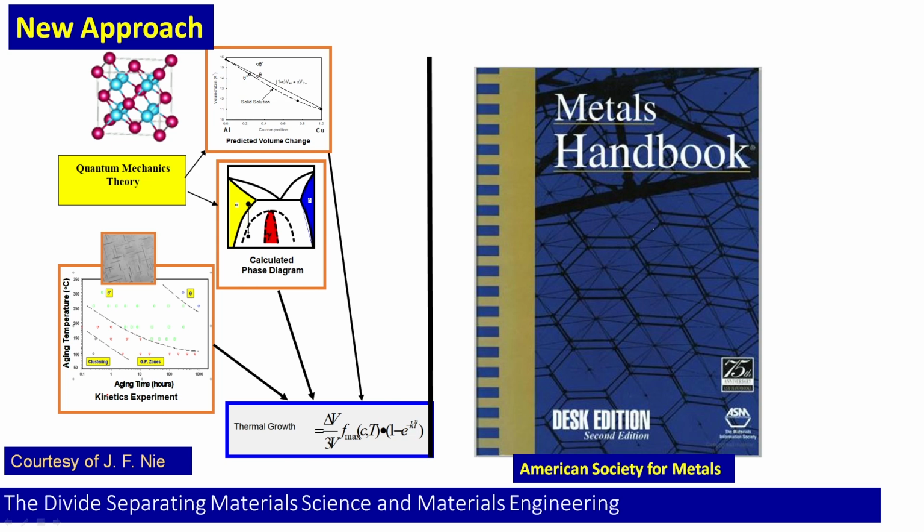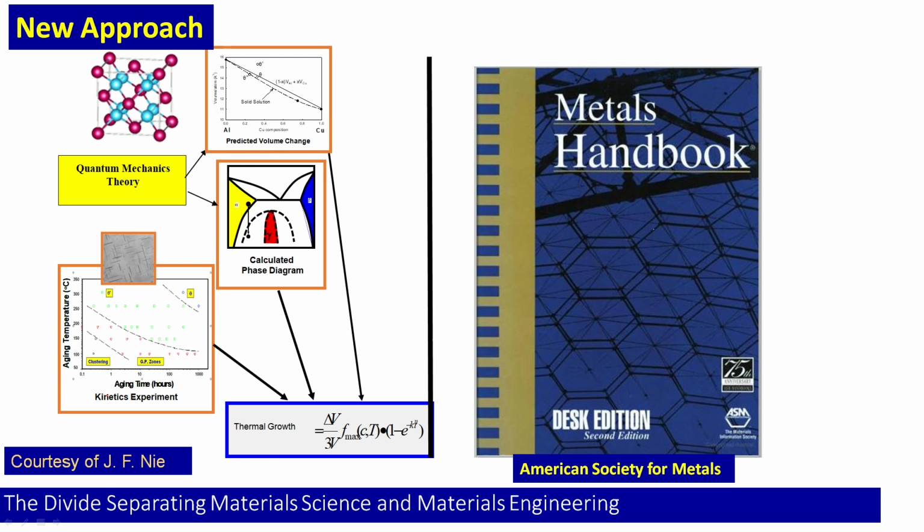That is why we need to connect the materials science aspects, which will be generating a lot of data using quantum mechanics or other kinds of theories, to manufacturing, and that is only possible when you combine these two domains together.